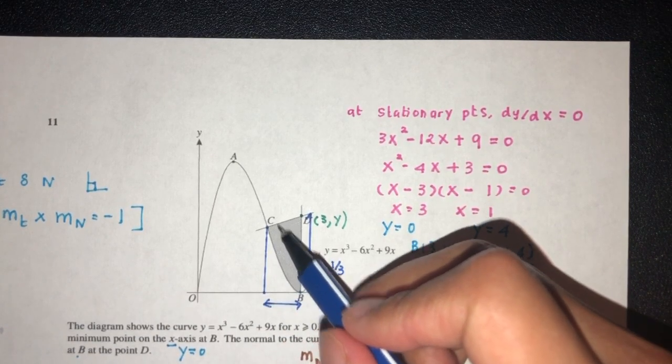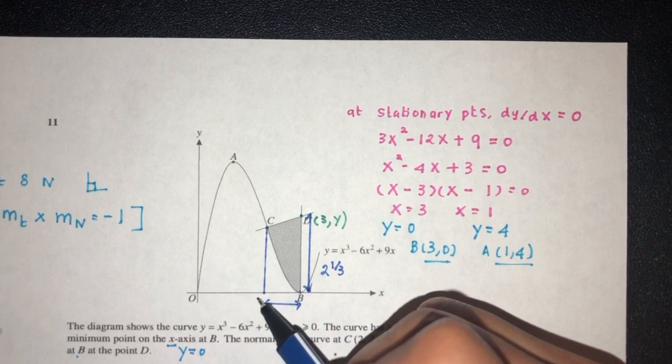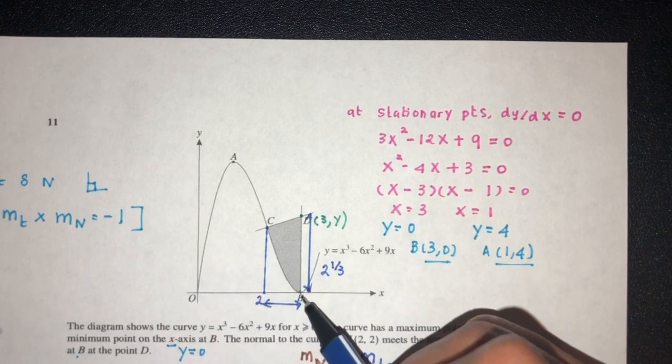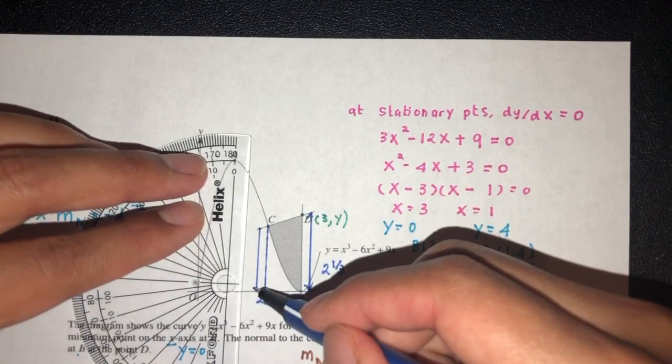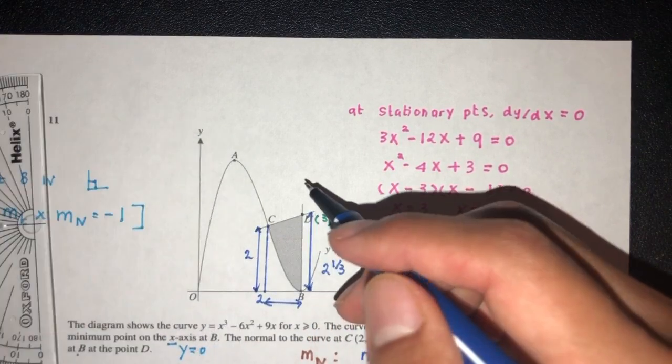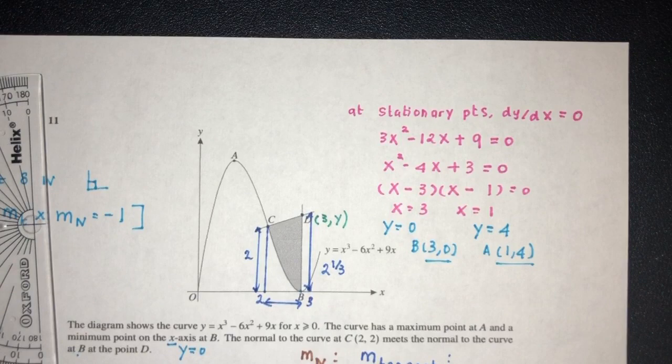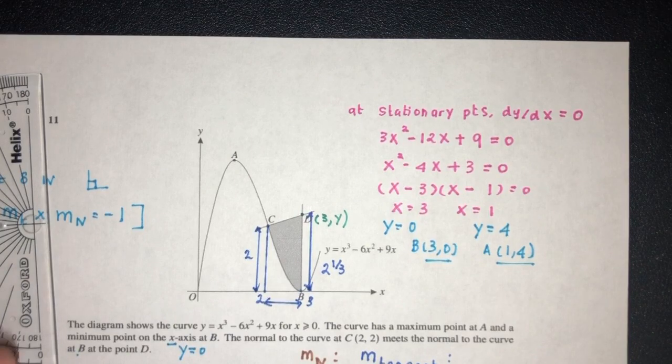So the point C was found to be (2, 2). This is 2 here, right? And again, this is the height 2 over here. And the point B was 3. Right. Now we know all these values. We can definitely use that somewhere to find something that we need.